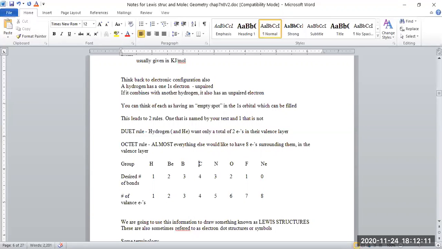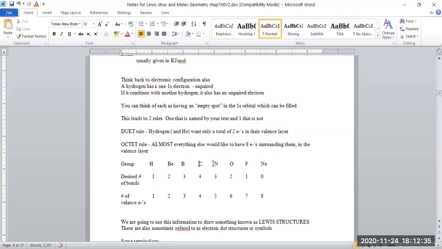Being that I'm missing a whole bunch of people tonight, let me just make a couple of comments here to kind of round this up. All of these rules, and since you obviously have access to the file, you can look ahead if you like, are going to contribute toward drawing of Lewis structures.